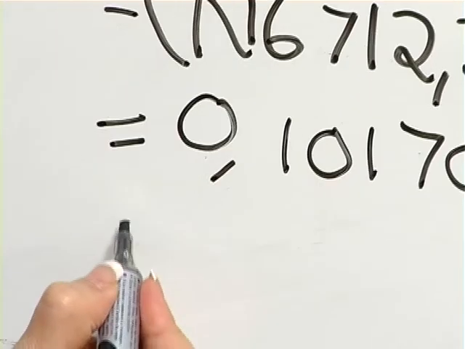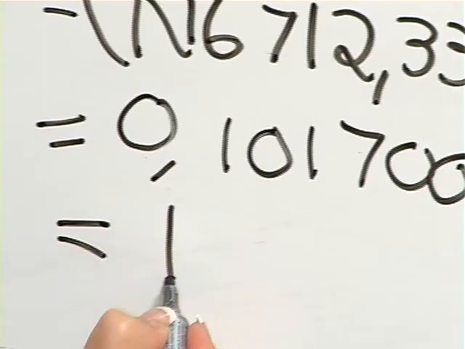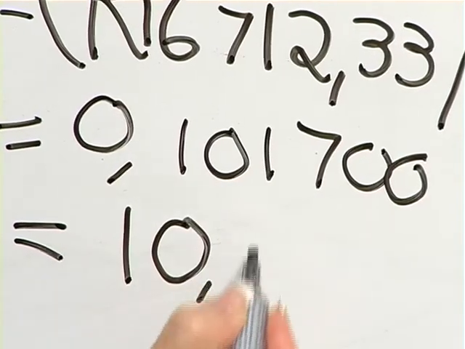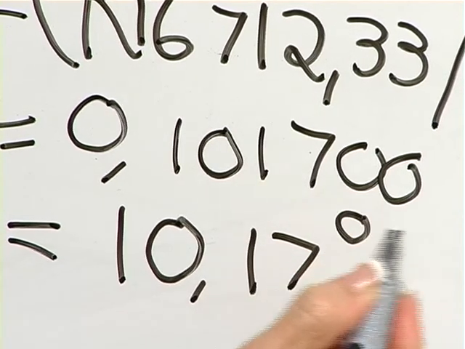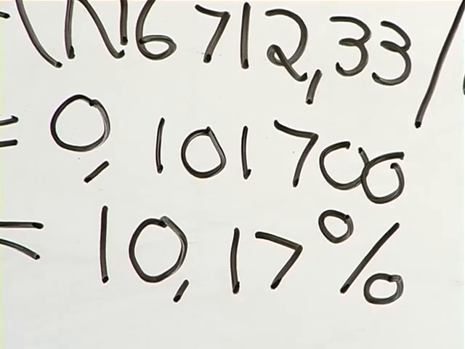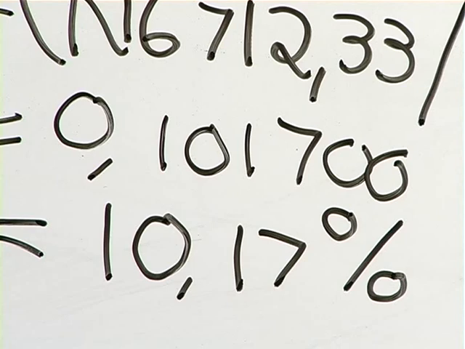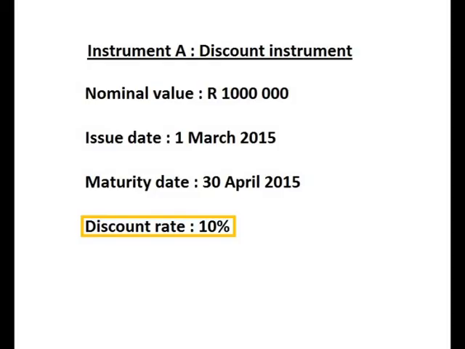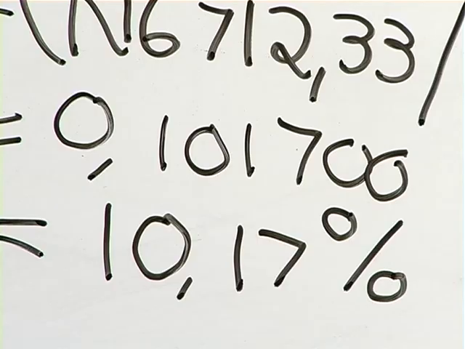In other words, that is equal to 10.17%. Right. Now you can see that this discount instrument had a discount rate of 10%. And now the yield is slightly higher. It is 10.17%. Now why is that?